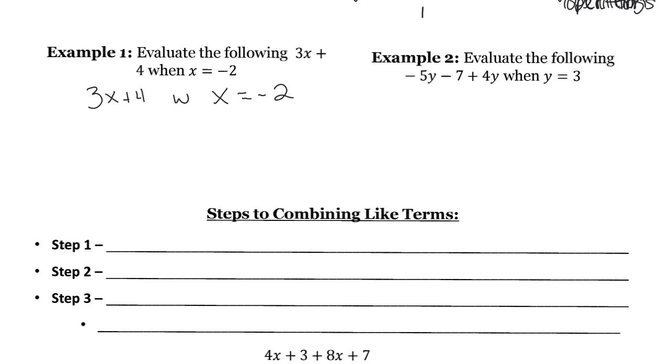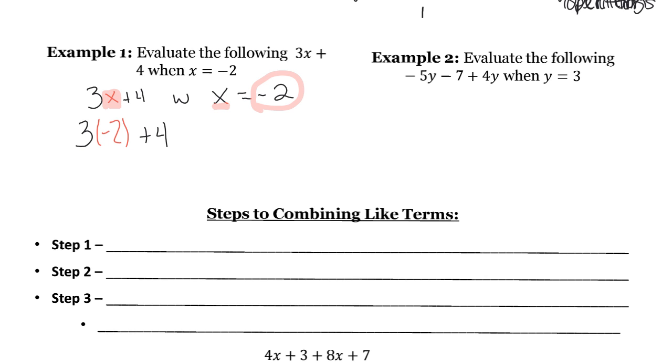What that tells us to do is anywhere we see an x, we're going to plug in -2. So anywhere I see x in my problem, I'm going to substitute this -2 in. So I would write 3 times my -2, and then now I just have plus 4. Now I want to simplify that.